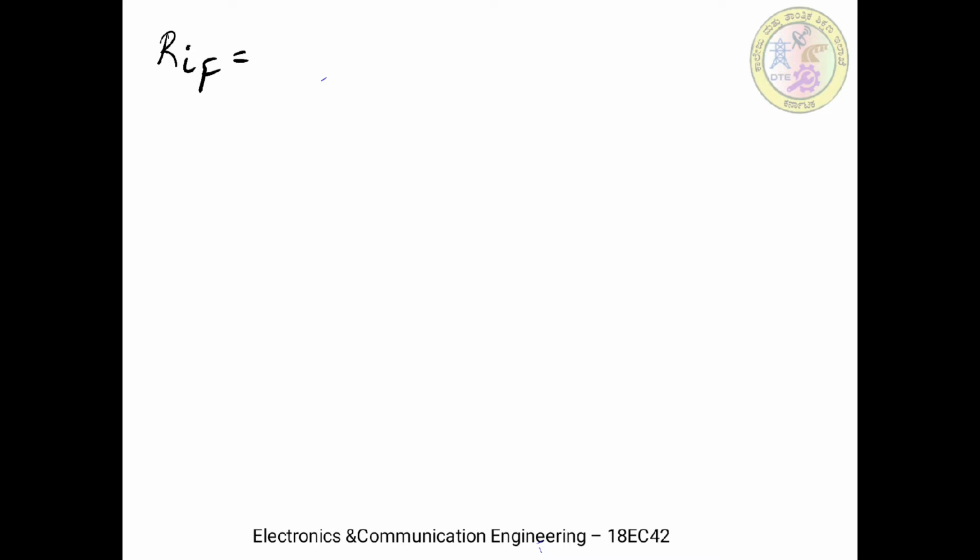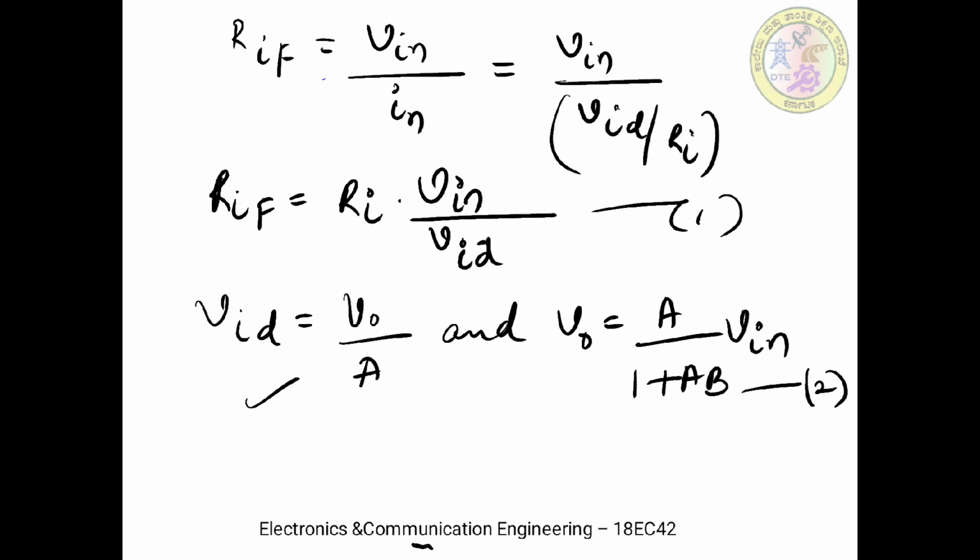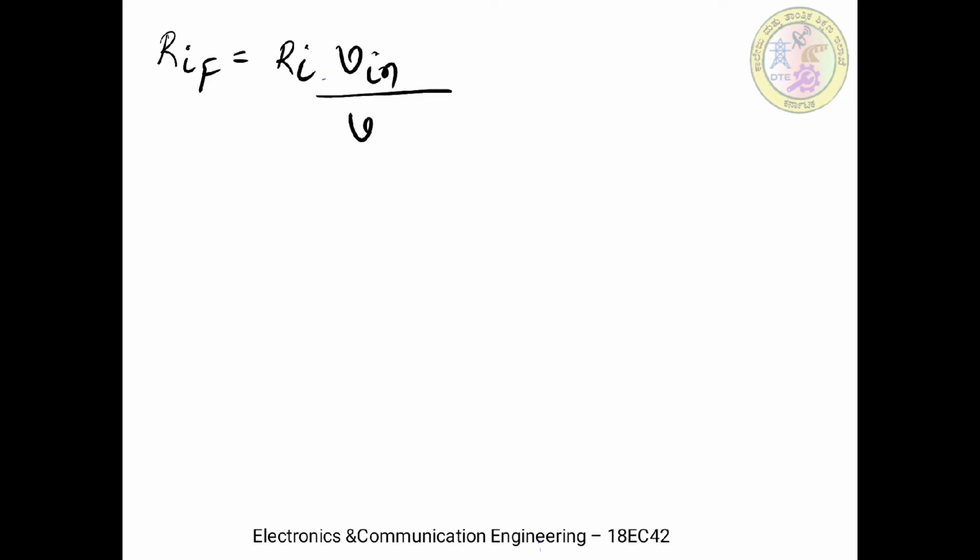Now by including this, RIF can be rewritten as RIF is equal to RI into V in, and for VID we substitute V0 by A. Therefore this gives A into RI, V in by V0.